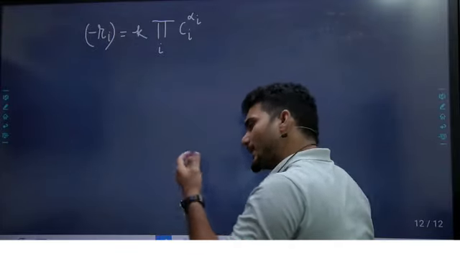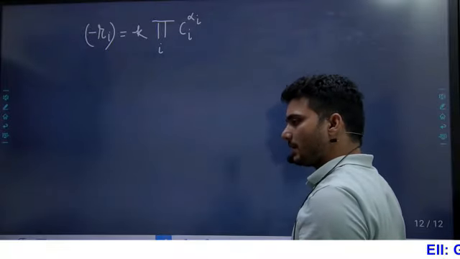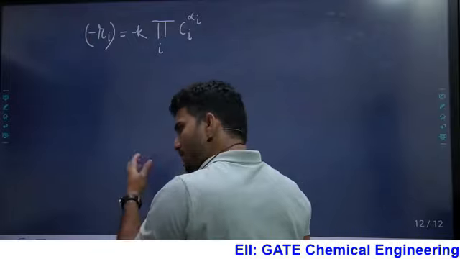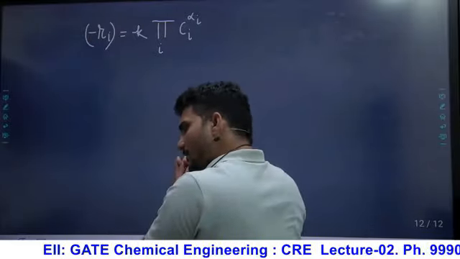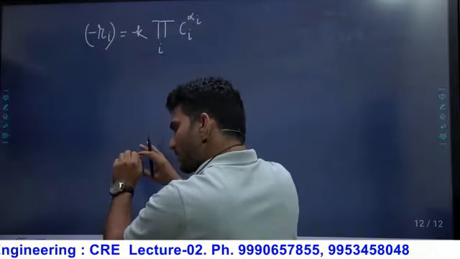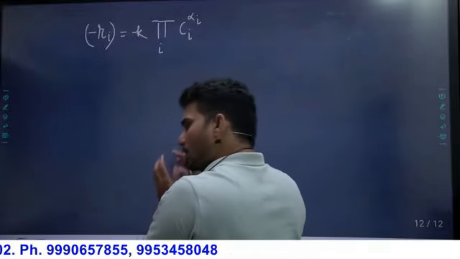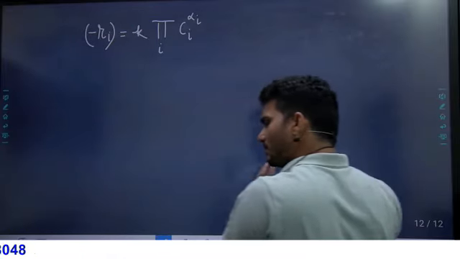Are you following? Try to understand this point. I will tell you each and everything, just wait. Rate is an experimentally determined quantity. We will define this when I discuss elementary and non-elementary reactions. That is all about this portion on chemical kinetics and the reaction mechanism, and I will discuss each term in detail.